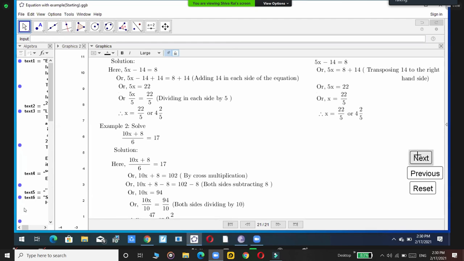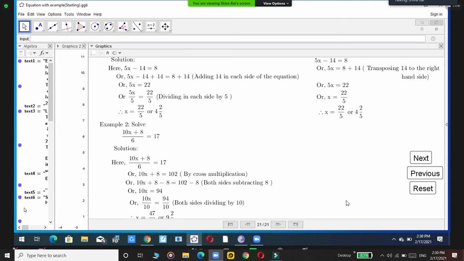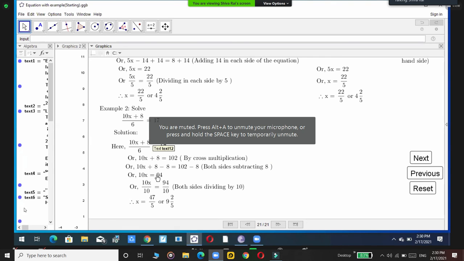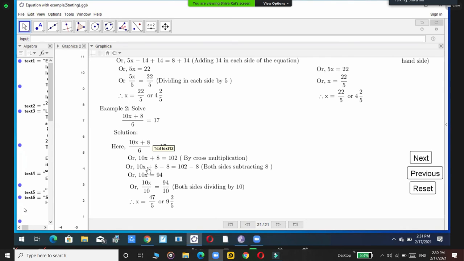Okay, look here. As you said, 10x plus 8, and 6 into 17 or 17 into 6 is 102 by multiplication. Now, as before, with 10x here is 8.